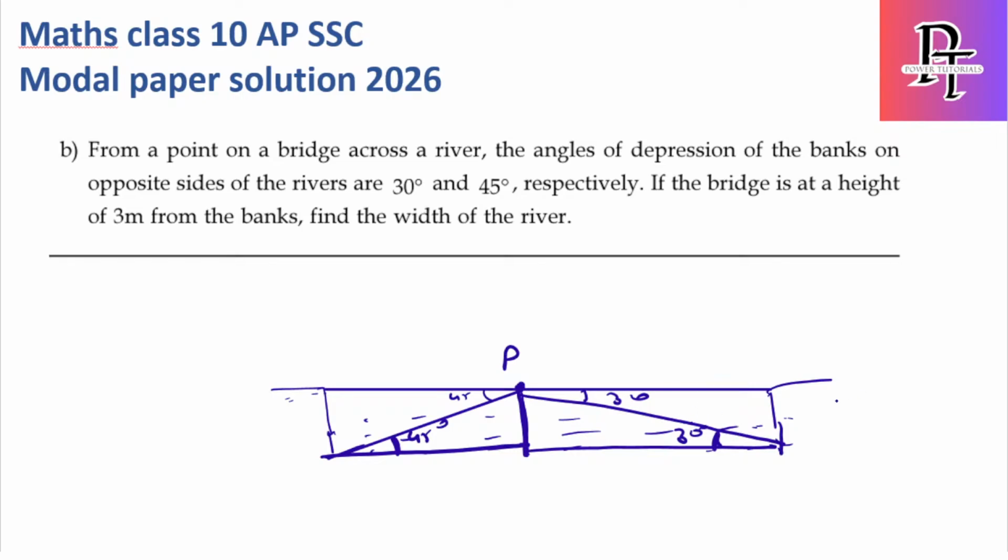This is the height of the bridge. They have already mentioned the bridge is at a height of 3 meters from the bank, so H is 3 meters.